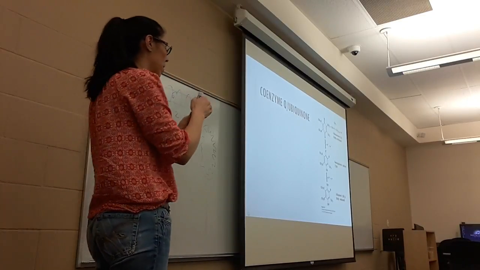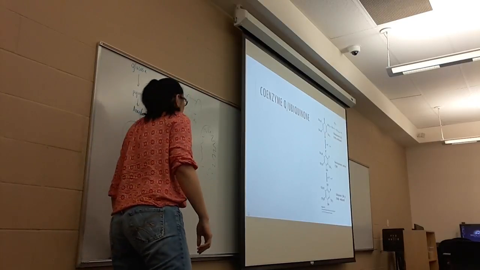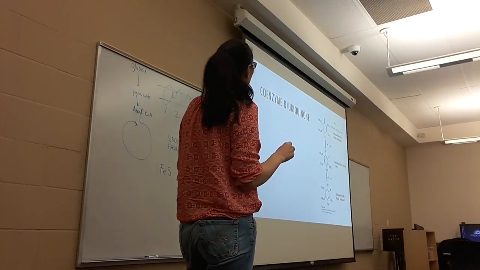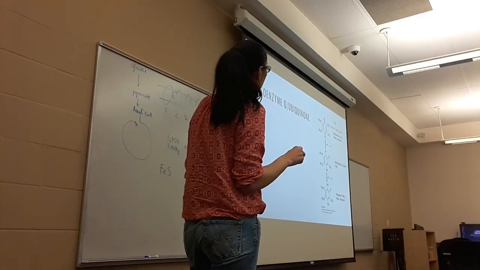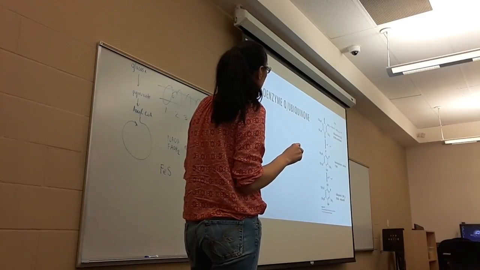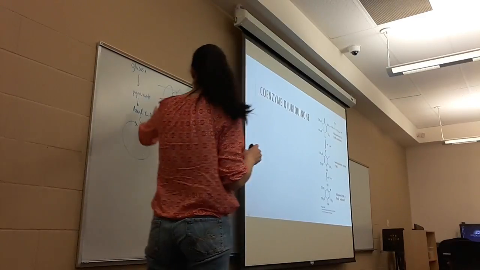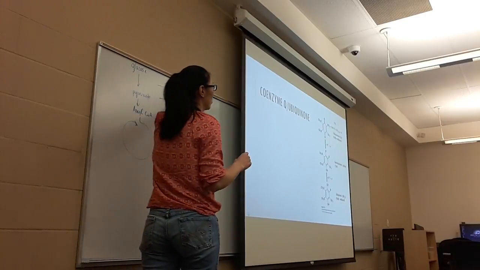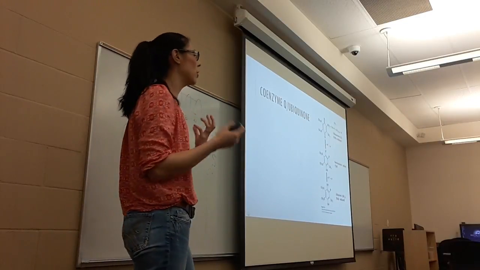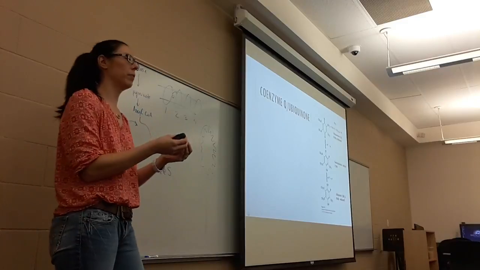And as we go through each one of the steps, you can see where it is involved in that carrying. So coenzyme Q is able to pick up the two electrons through this mechanism and carry them from one complex to the next.